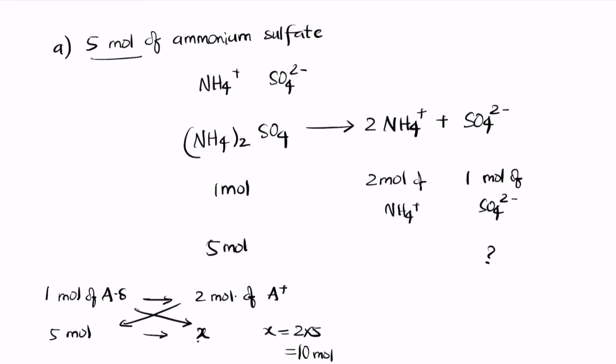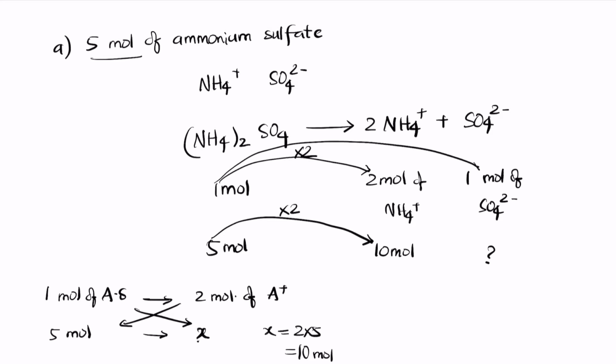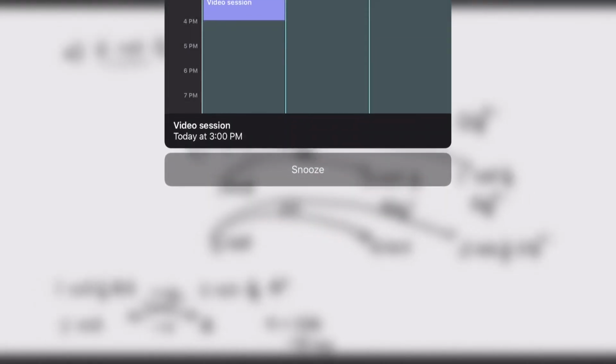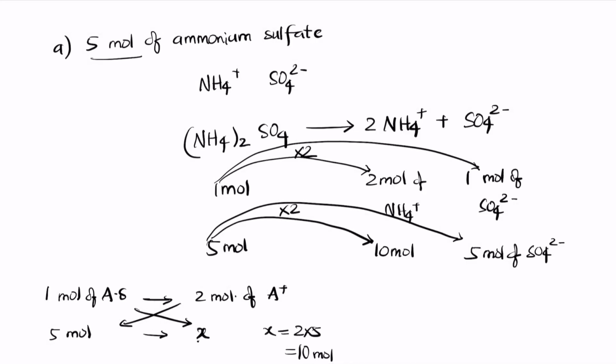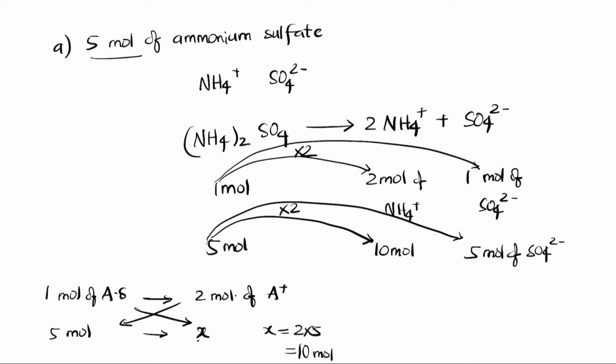So this is a 1:2 ratio, so 5 becomes 10, times 2. Next, from 1 to 1 here, it's a 1:1 ratio, so 5 becomes 5 moles. So we have the values now.